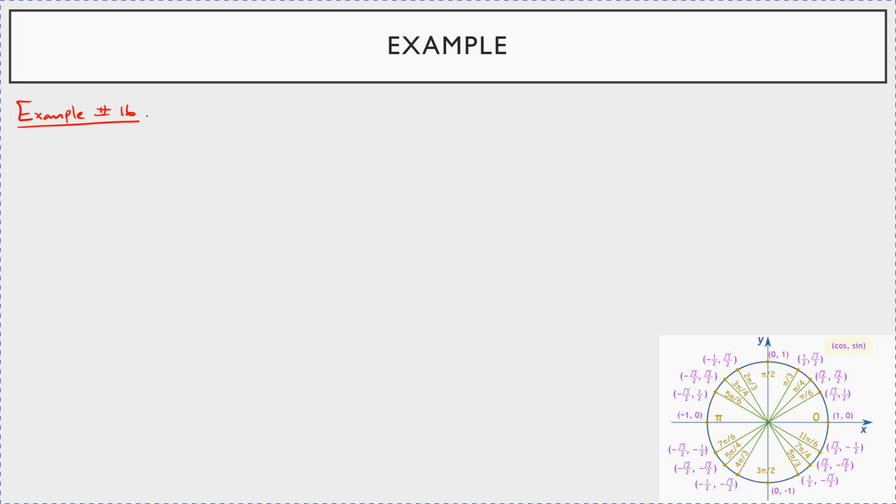Let's solve sine of 2x, so we have a double angle here, is equal to sine of x. And let's look on 0 to 2 pi. Here's what you're going to do. You're going to recognize that this is a double angle, so you're going to use the double angle identity.